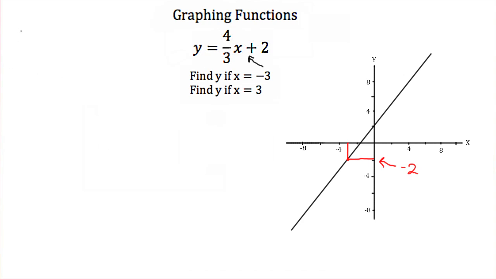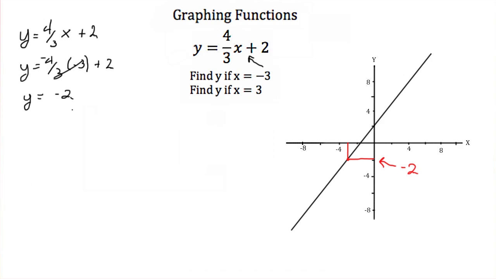If we have y is equal to 4/3 x plus 2, and we plug in negative 3 for our x, we find that y is indeed equal to negative 2. So that worked. Let's try it for the next one.